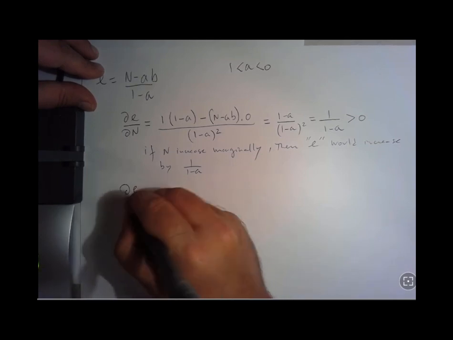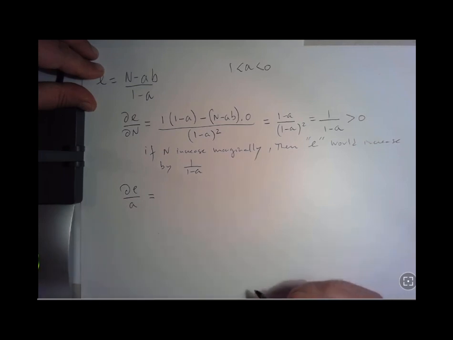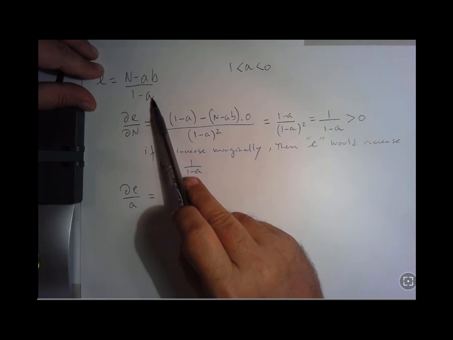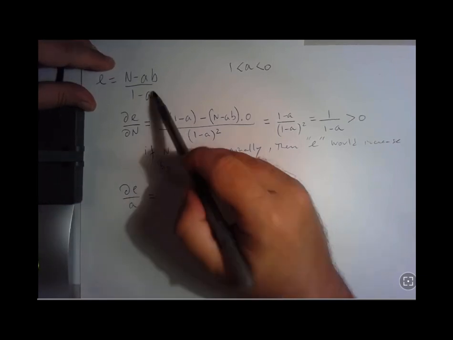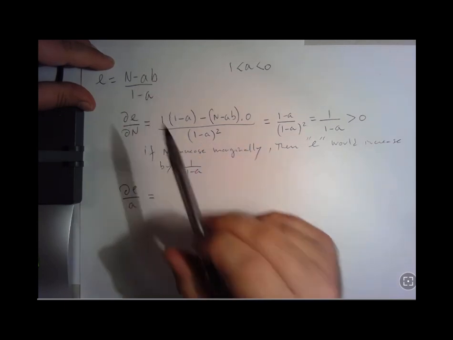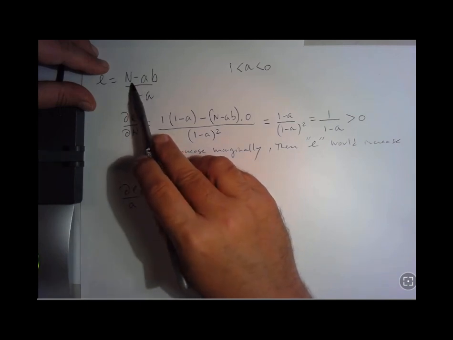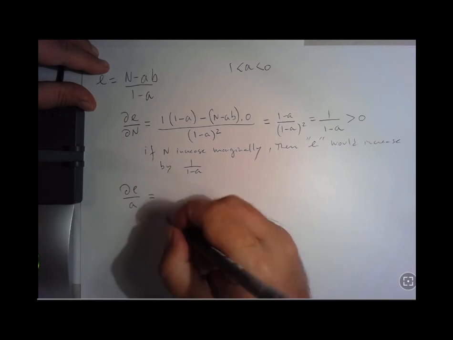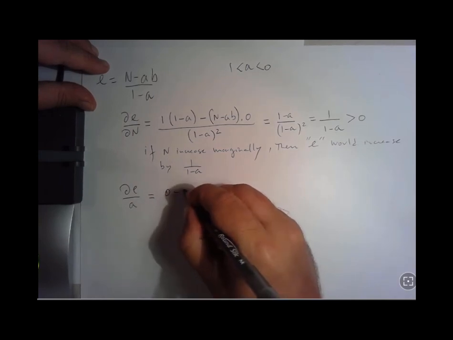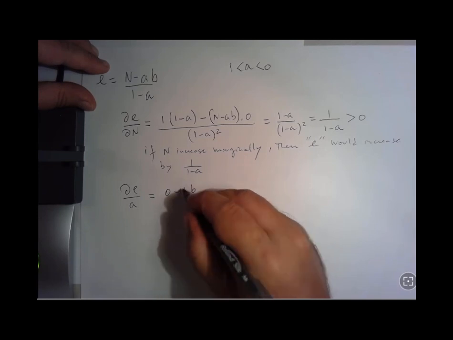Now, what if we change A, the percentage that the imported input represents on the final product? Well, in this case, note that A shows up at the bottom and at the top, so it will be a little bit more messy, meaning that the derivative of the numerator with respect to A is going to be minus B. So we have 0 minus the derivative of A, which is 1, times B, right?